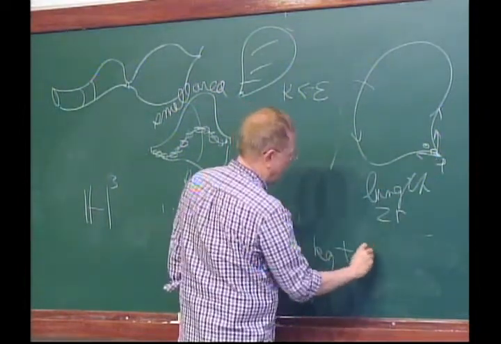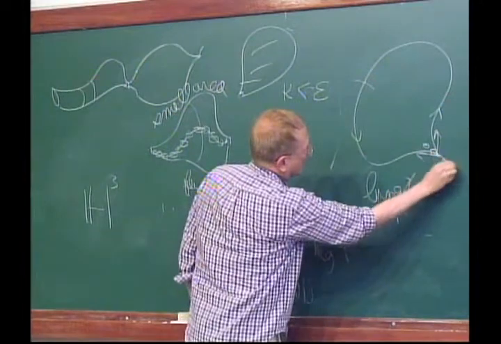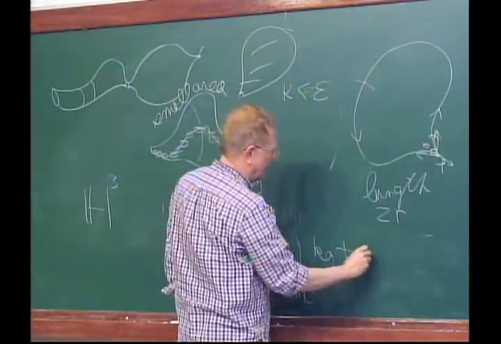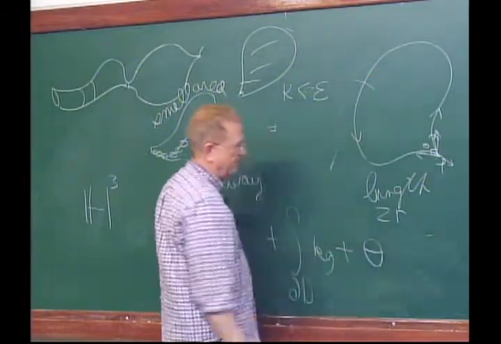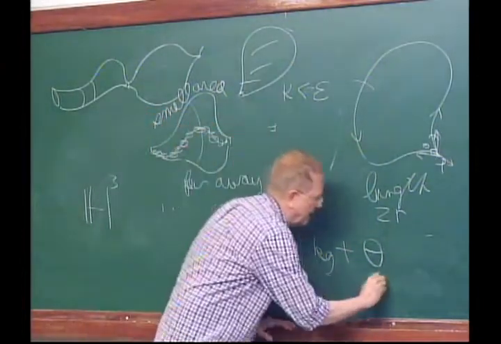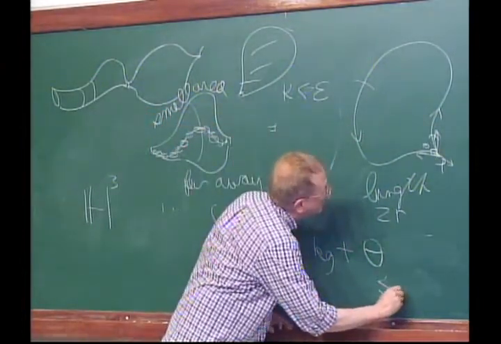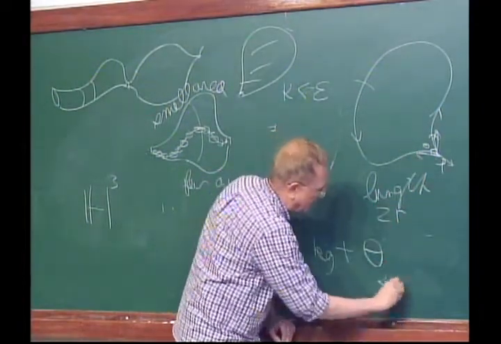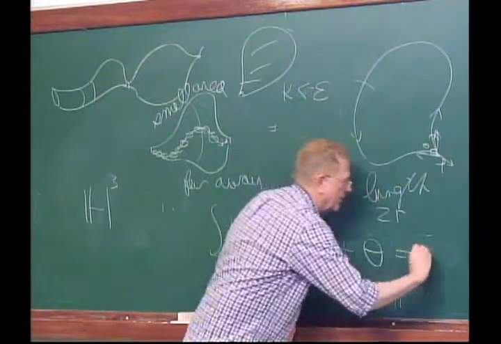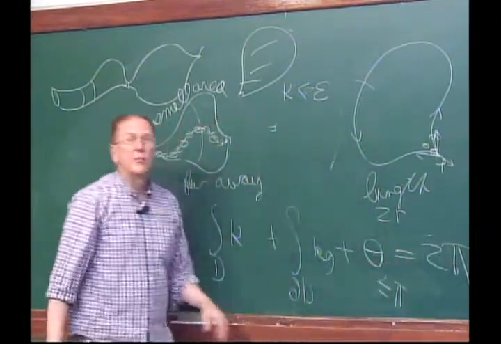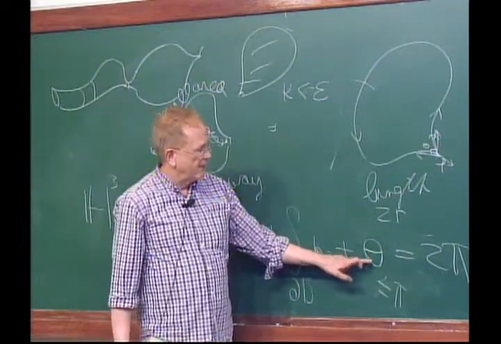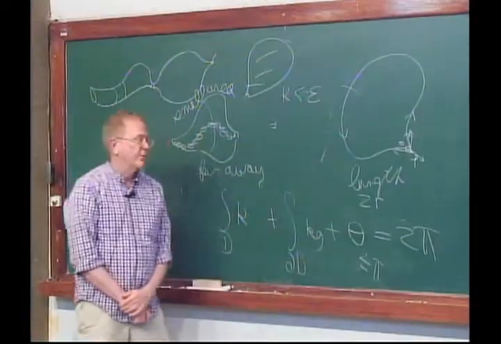Go from here to here, that's the exterior angle, some number theta, and theta is less than 2 pi. We go over to there, less than pi, equals 2 pi. So there's the Gauss-Bonnet formula for our problem. The exterior angle is always less than or equal to pi.